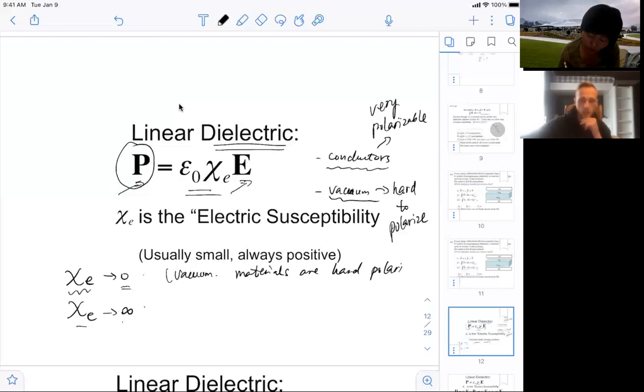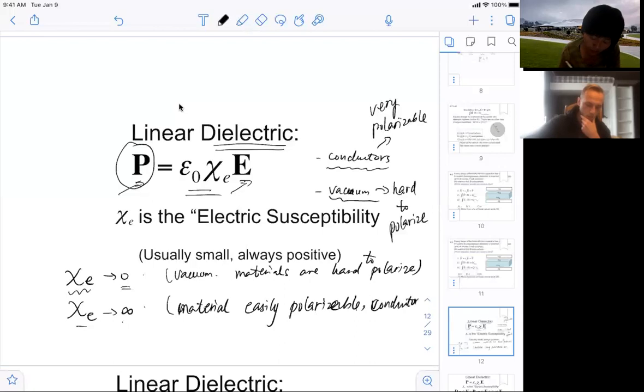However, if you're dealing with material that's very easy to polarize, like a conductor, then the susceptibility is almost infinity, because a little E field is going to be a lot of polarization. The material is going to respond a lot. Okay, so that is the linear dielectric.